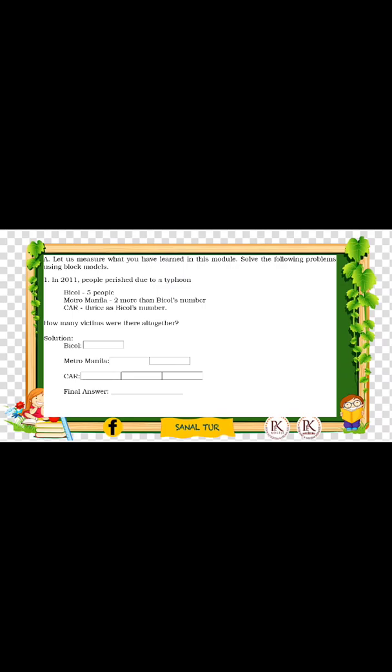So in Bicol, there are 5 people, and in Metro Manila, there are 2 more than Bicol's number. Then in CAR, thrice Bicol's number. How many victims were there all together? So from the words all together, what operation are you going to use? Add. So you fill in the information that is needed. Then you write your final answers.